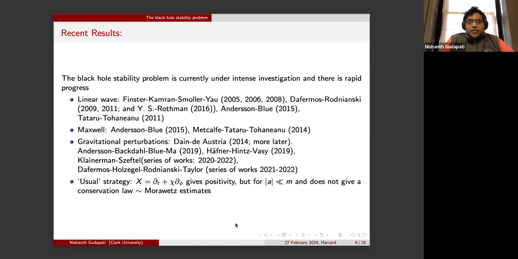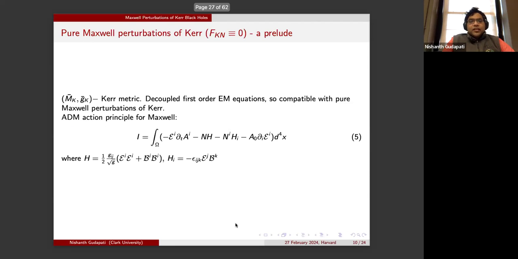Anderson, Bergdal, Blue and Ma, and Häfner, Hintz, and Vasy, Klainerman, Szeftel had a series of results that proved even the nonlinear stability of Kerr black hole space-times for small angular momentum, and also another very elaborate and very impressive work by Dafermos, Holzegel, Rodnianski, and Taylor, who proved nonlinear stability of Schwarzschild. So all of those results apply for small angular momentum, okay, because of this issue of ergo region that I mentioned.